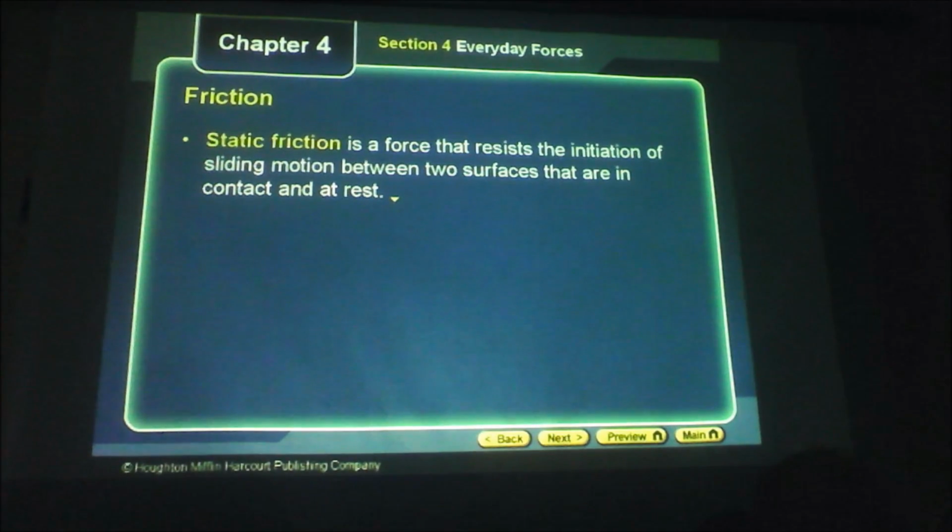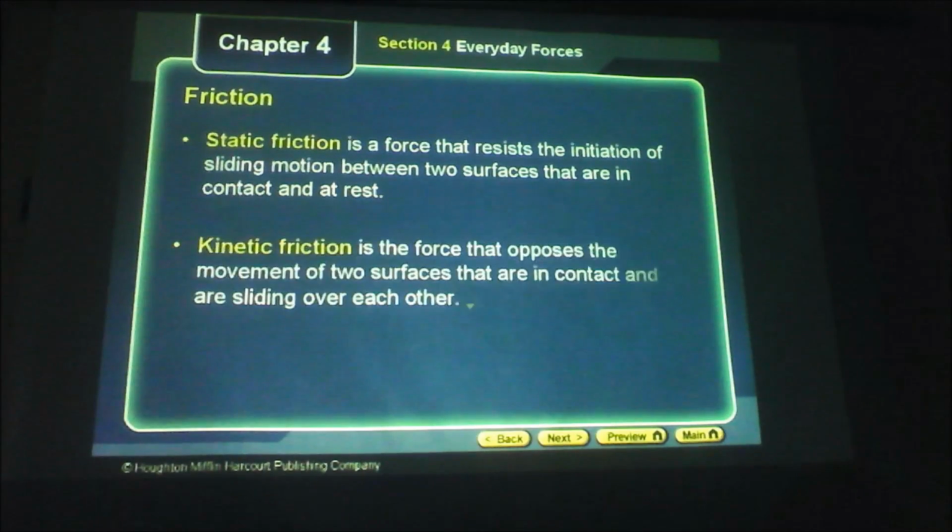If you want to reduce friction, you may smoothen a surface or sharpen an edge, like ice skates on ice, to make less friction. Kinetic friction is the force that opposes the movement of two surfaces that are in contact and sliding over each other.